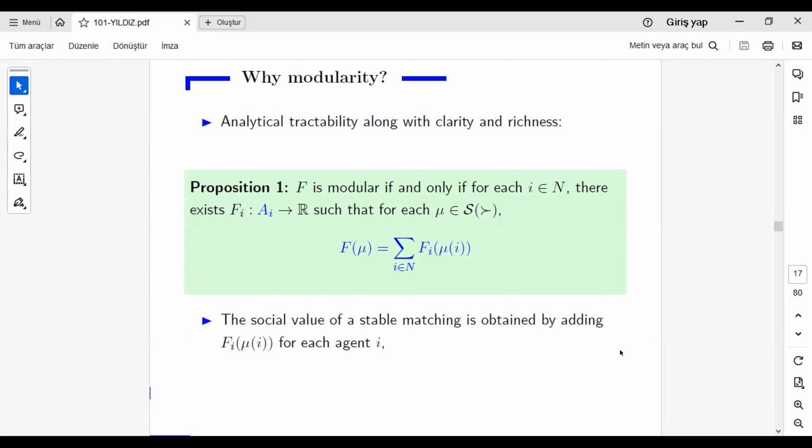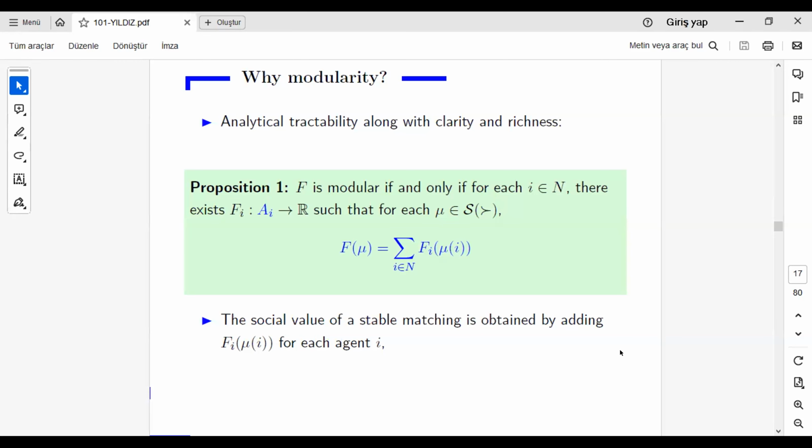Maybe not immediately intuitive, but here's a very simple result to prove: proposition 1, not theorem 1.